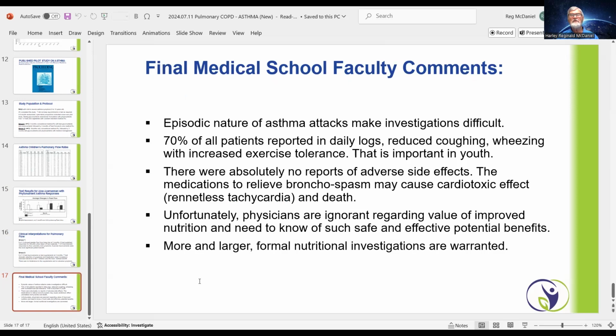And this is important in young people that are active. There were no reports of adverse side effects, and the medication relieved bronchial spasm, whereas medications cause cytotoxic effects like increased heart rate, and that can lead to death. There was none of this in the improved nutrition.